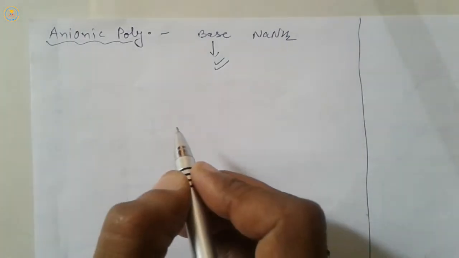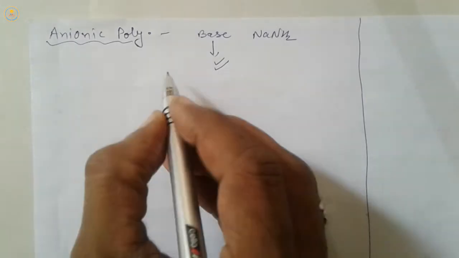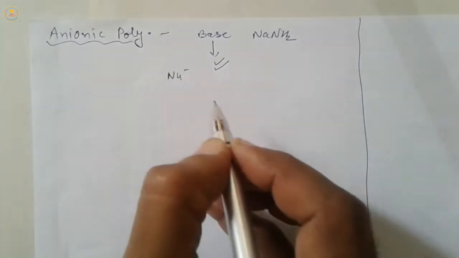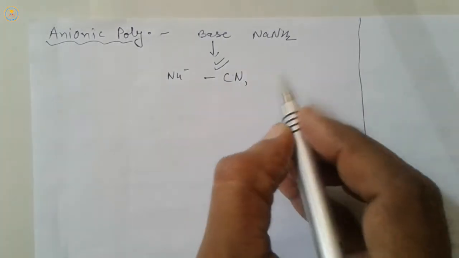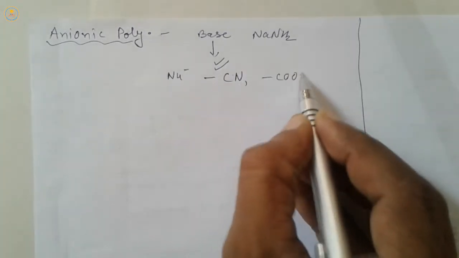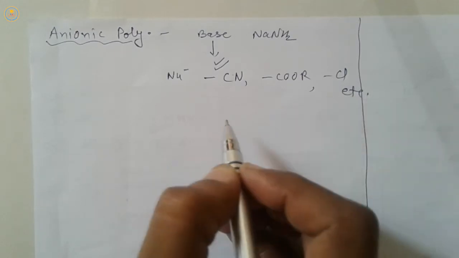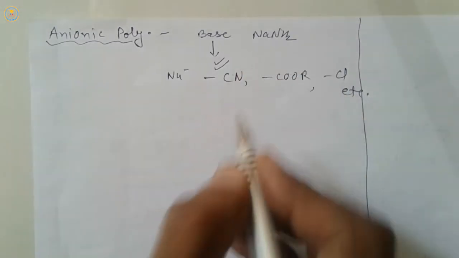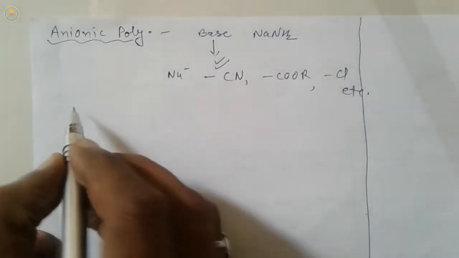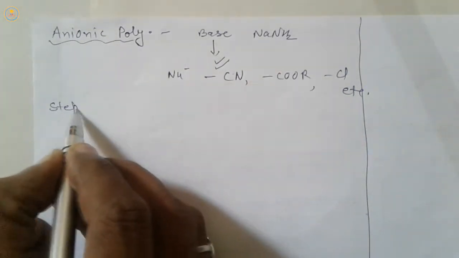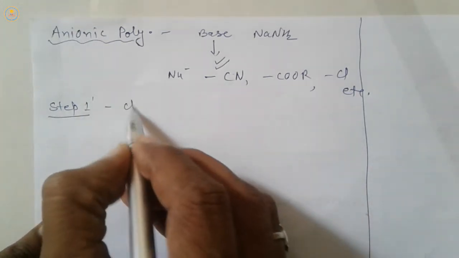In this mechanism, the particle which initiates the reaction is a nucleophile, very important, such as cyanide group, ester group, chloride group, etc. It also occurs in three steps. Step first, chain initiating step.